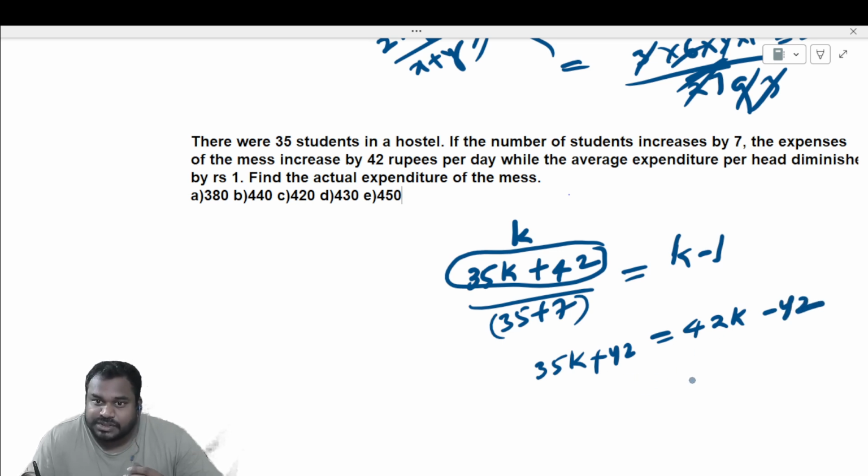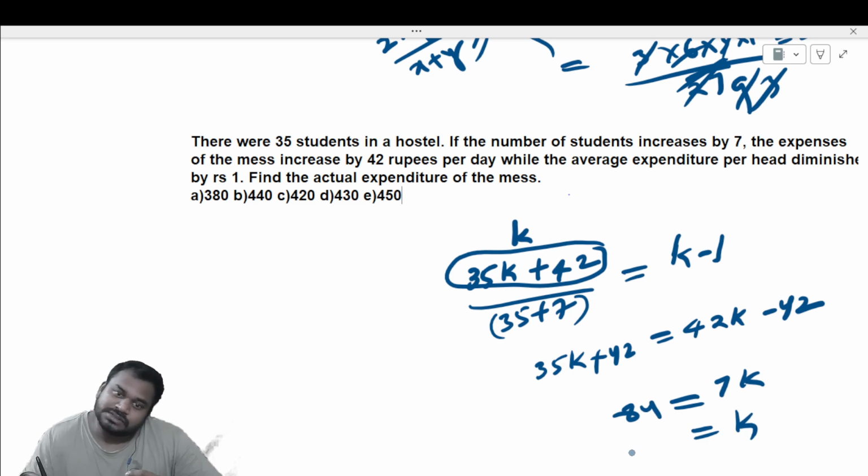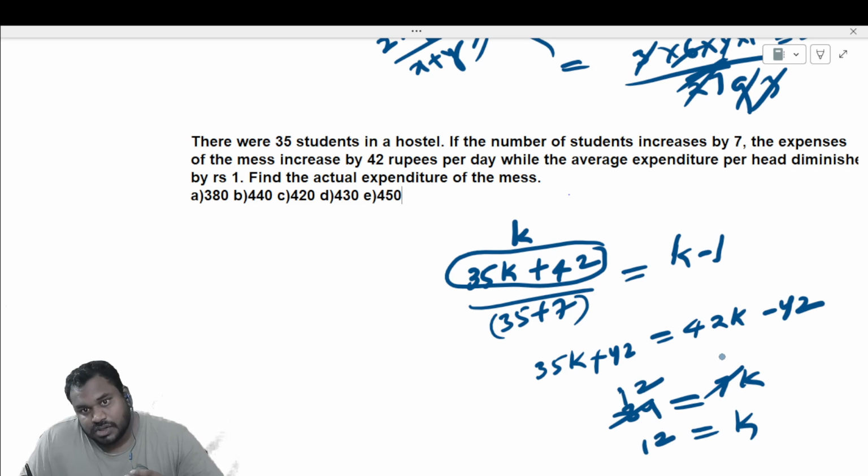Then 7K equals 84, so 84 by 7 is K. 7 twelves are 84, so 12 is the average expenditure.